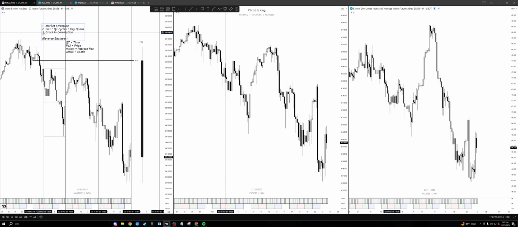When these cycles play out, what exactly is an identifier of manipulation being done? Well, that's number 3, crack in correlation. Cracking correlations refer to SSMTs, SMTs, PSPs, range divergences, swing divergences, all different concepts of cracking correlations, right? What are we looking for above the monthly open price to validate an open, high, low, close? We're looking for a cracking correlation above the monthly open price. Well, what do we get?